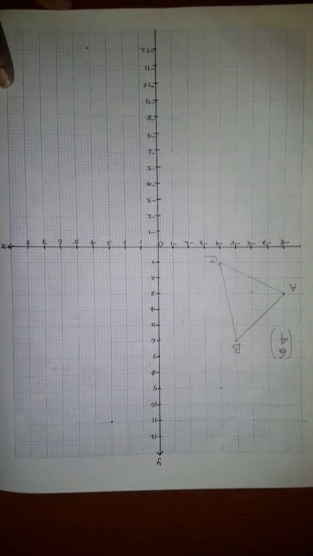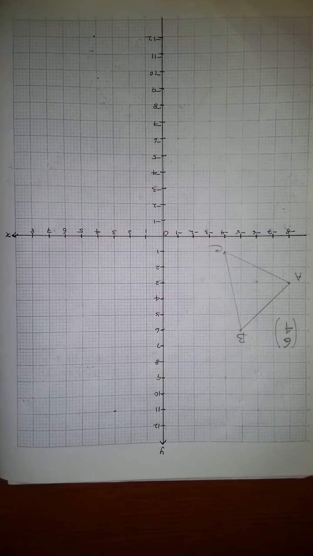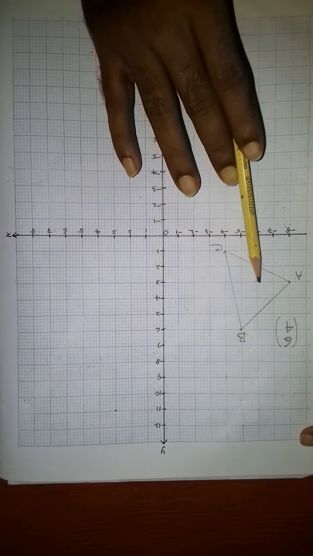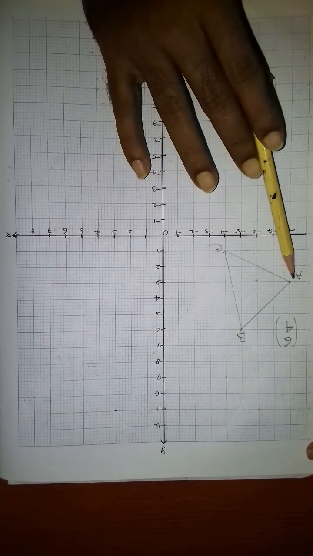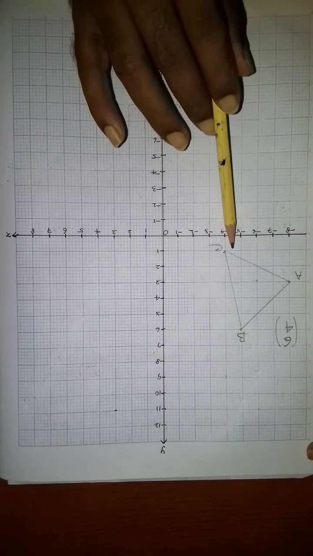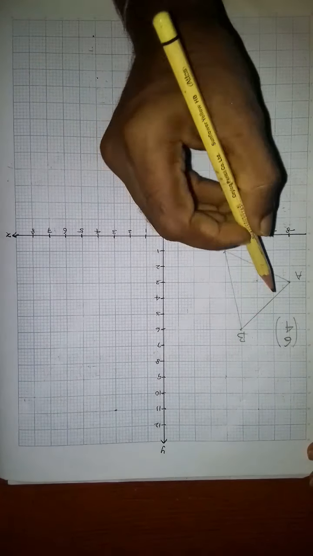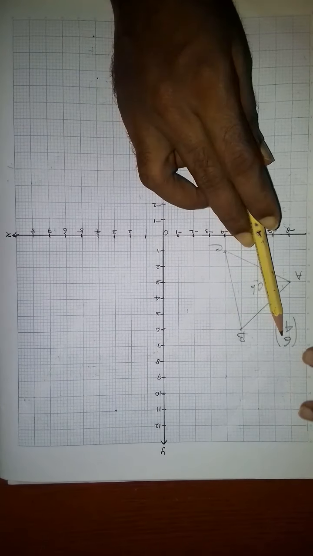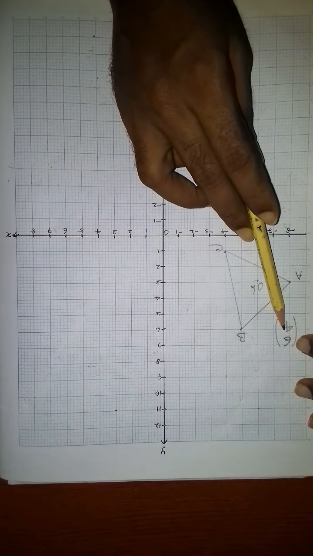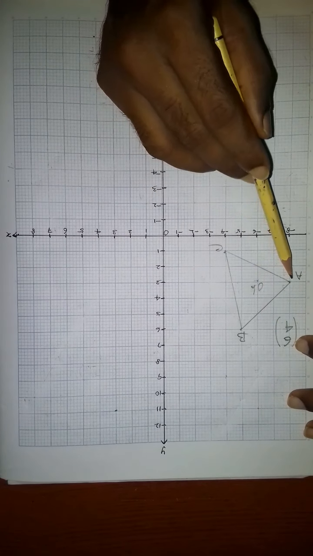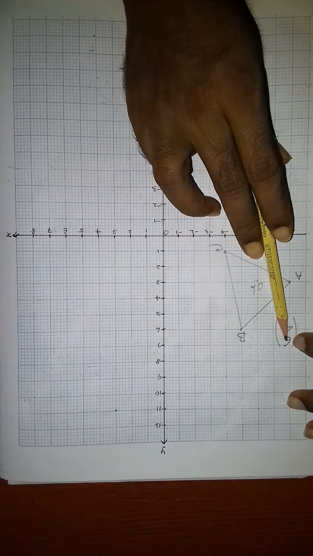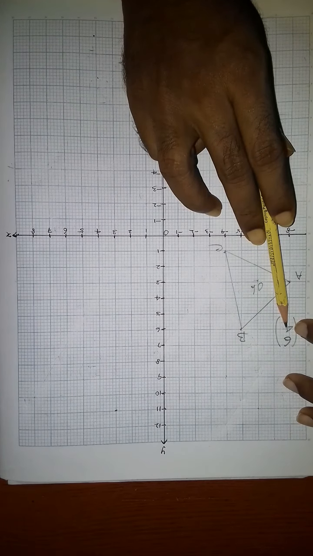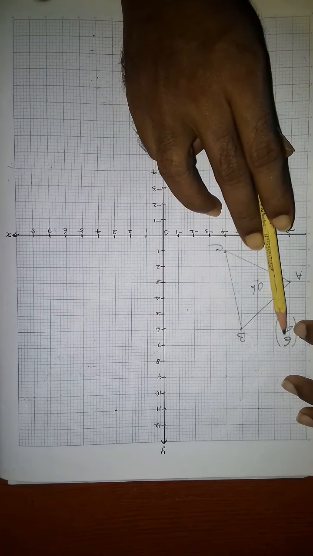First of all, we have this triangle. I will go to the coordinate plane, and we have this triangle ABC. That is the object triangle. We translate this by the vector (6, 4). Then we will translate each point. 6 means rightward 6 units, and 4 positive means upward 4.